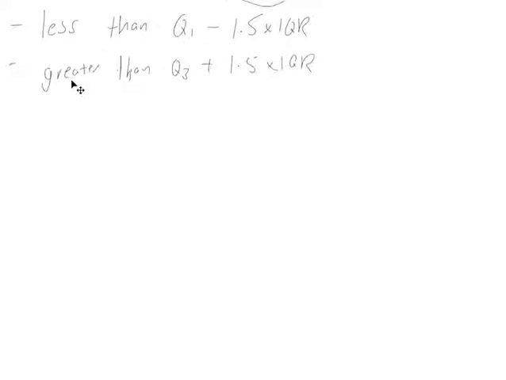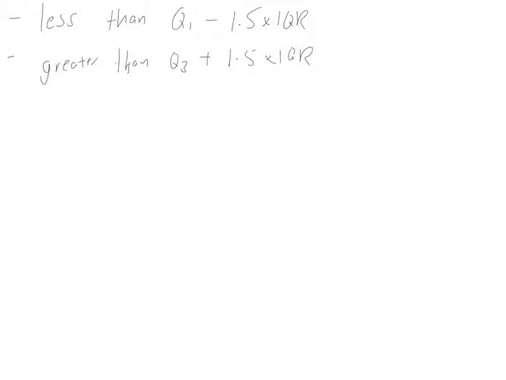Let's grab an example to look at what this actually means. Let's say our scores are 10, 10, 11, 14, 15, 16, 18, 20, and we'll also put a 32 in here. 10 doesn't look like an outlier, probably not.